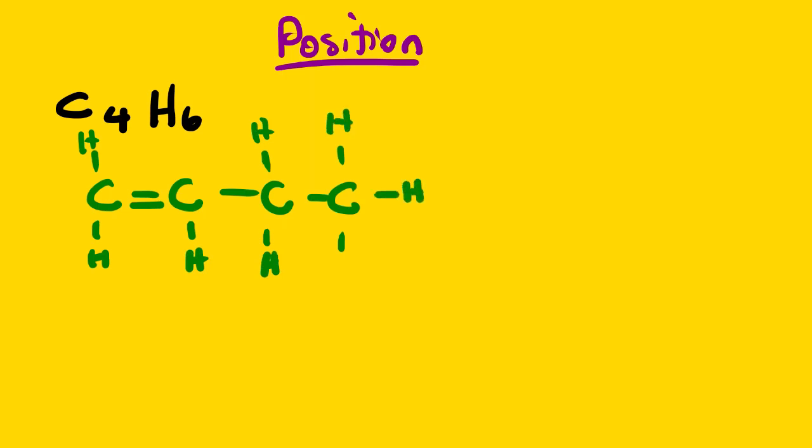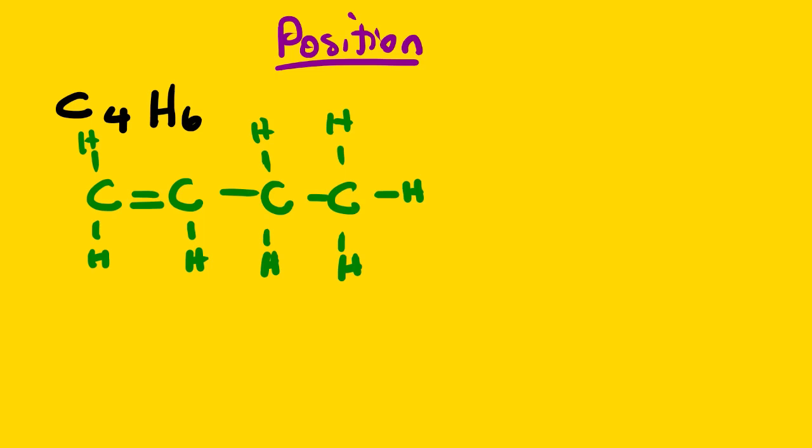We should have another hydrogen here. So you can see that we don't have 6 hydrogens. This simply means that we have a triple bond. I am trying to assist you on how to quickly draw a Lewis diagram provided you're given a molecular formula, especially when we are looking at organic chemistry.